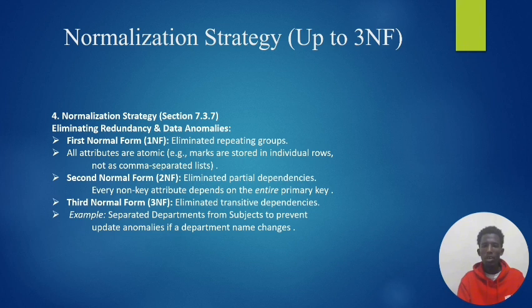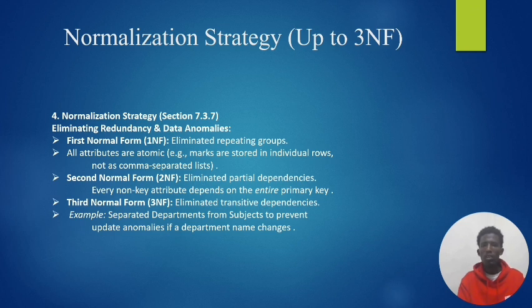To achieve this, we have to eliminate transitive dependencies, as the theoretical definition of our third normal form explained. For example, if the department name is directly stored inside the subject table, then when the school renames the science department, we would have to run a massive SQL query to update dozens of individual subjects.